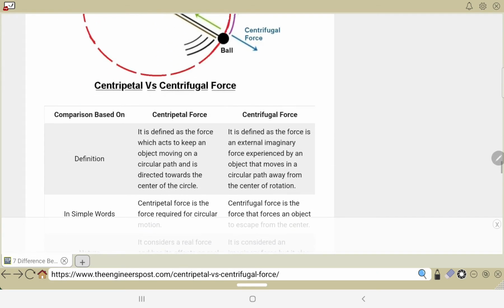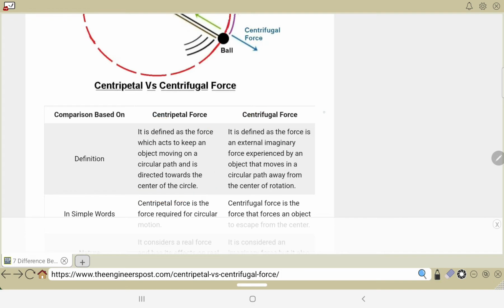So what is centripetal force? Here you will see the definition. It is defined as the force which acts to keep an object moving on a circular path and is directed towards the center of the circle.